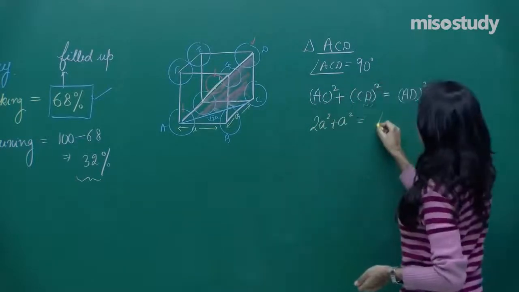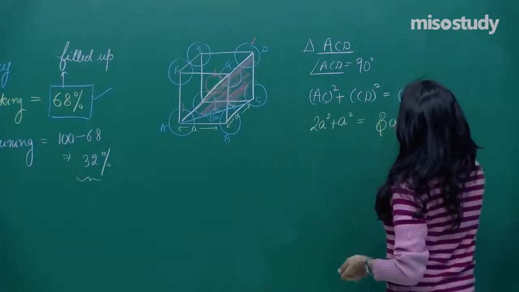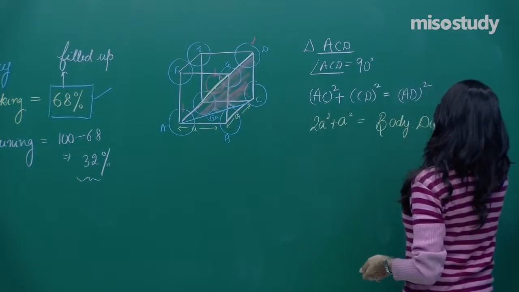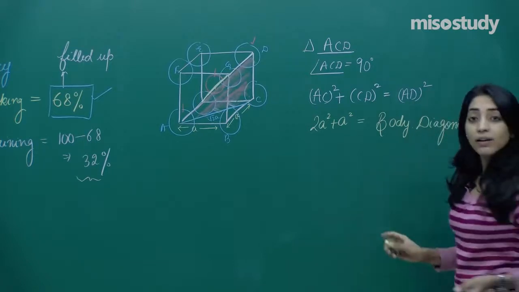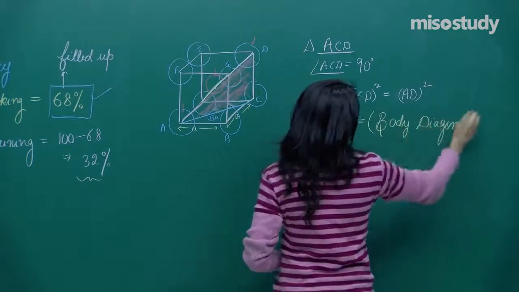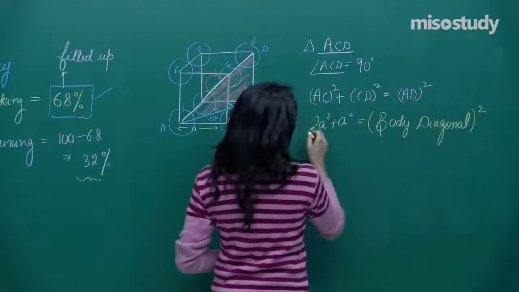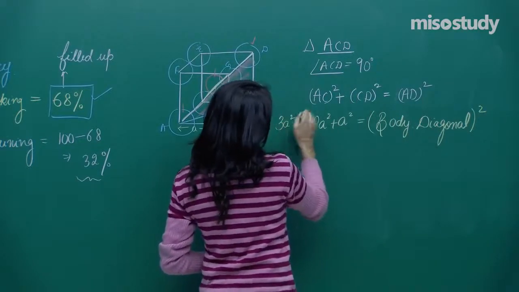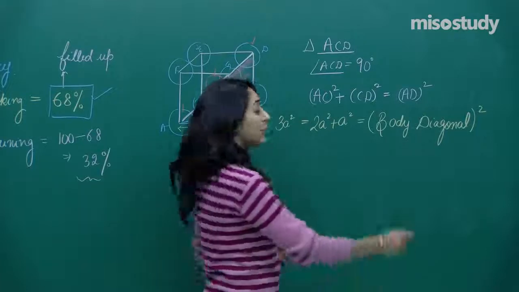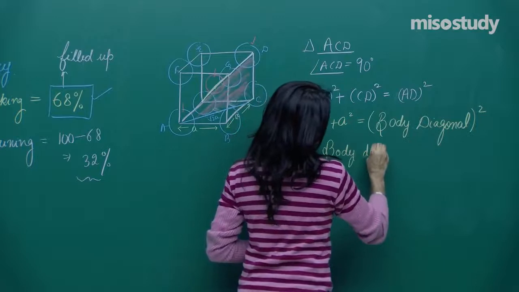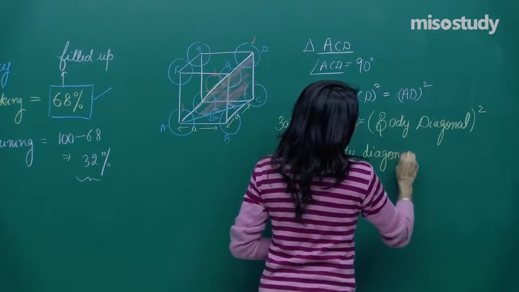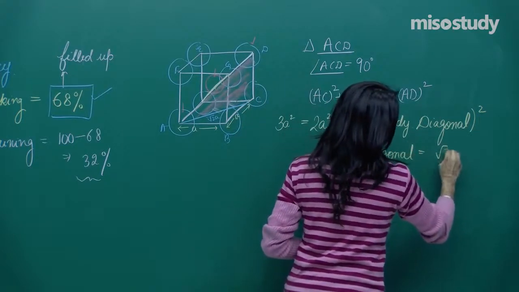That means the length of the body diagonal square will be equal to 3A square. That means you can now simply say that the body diagonal will come out to be root 3 A.